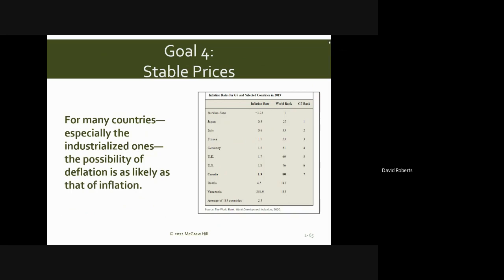Now, like I said, in the fall of 2023, we have 3.3, but the other countries have generally had higher inflation because of the COVID pandemic.